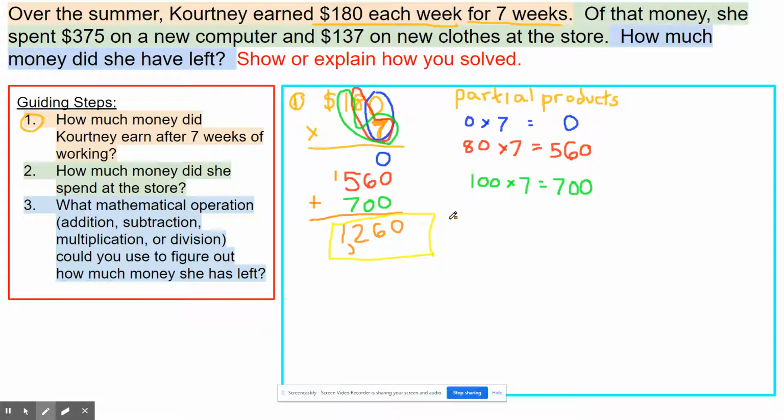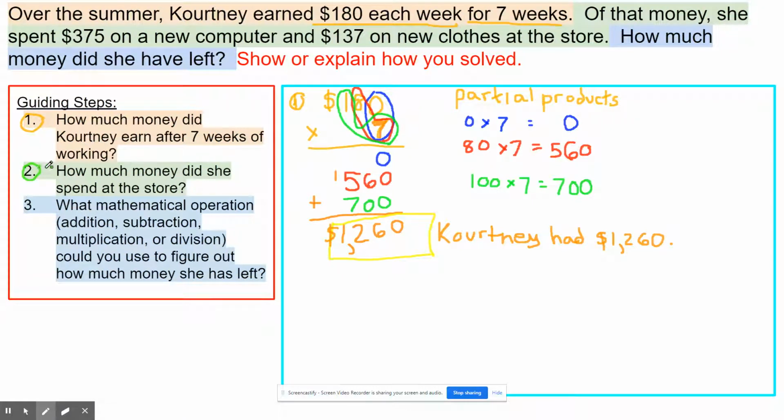So this is how much money she had to use when she went on her shopping trip. So Courtney had earned after 7 weeks of work $1,260.